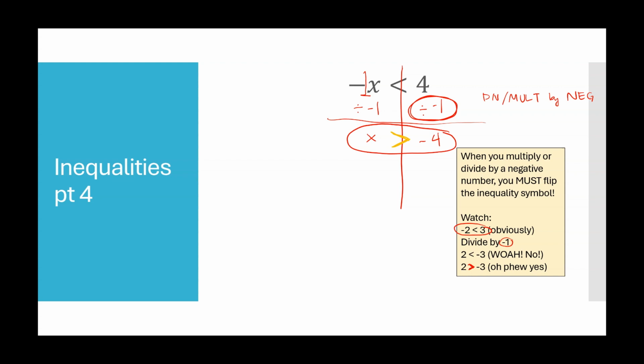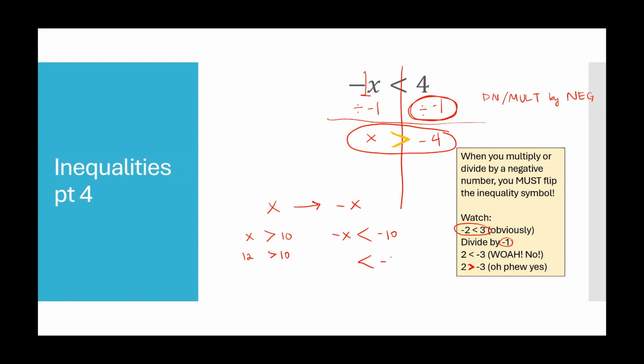Remember that when you're switching the sign of something, you're doing the opposite of it, right? So if x was bigger than 10, then its opposite, -x, is going to have to be smaller than -10, right? Here, maybe x was 12, and 12 is bigger than 10. Excellent.